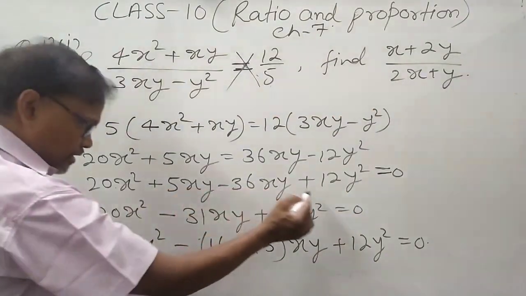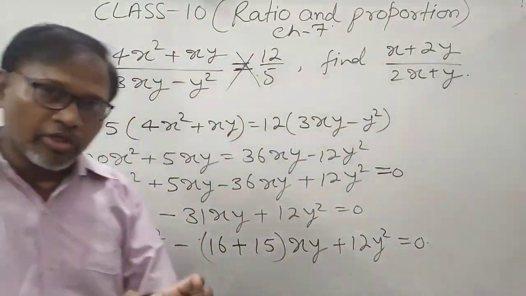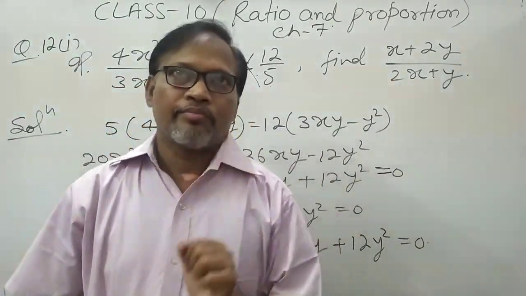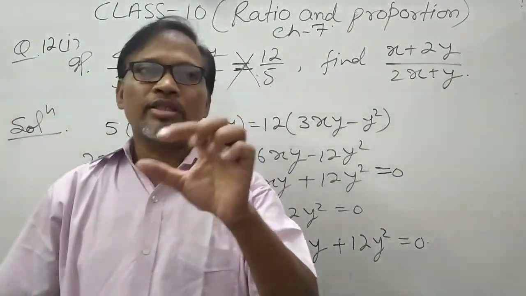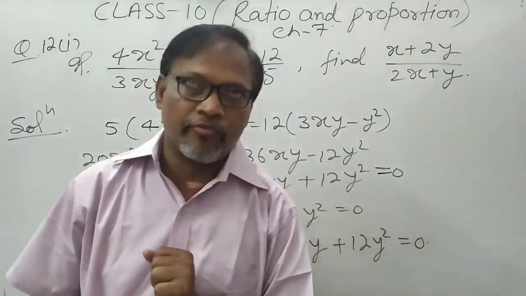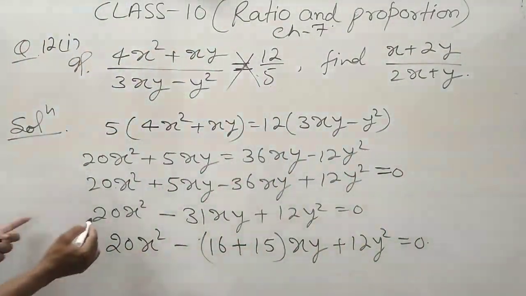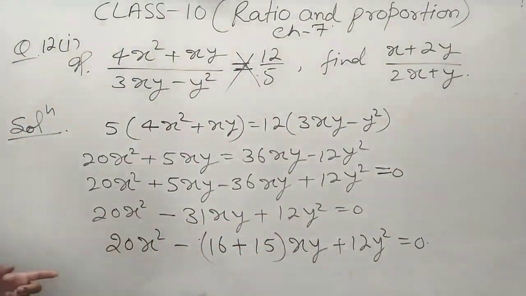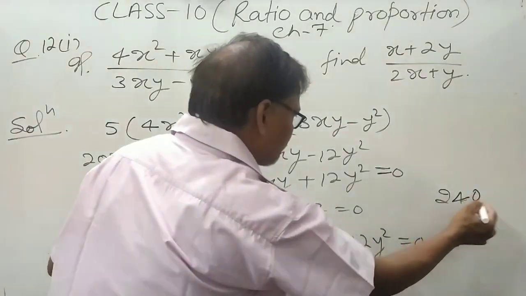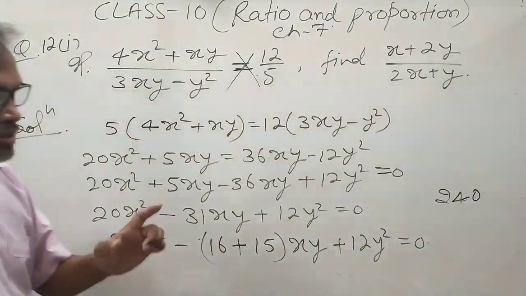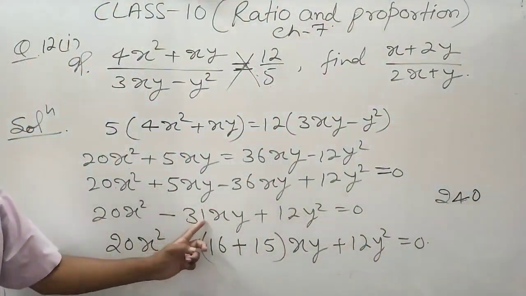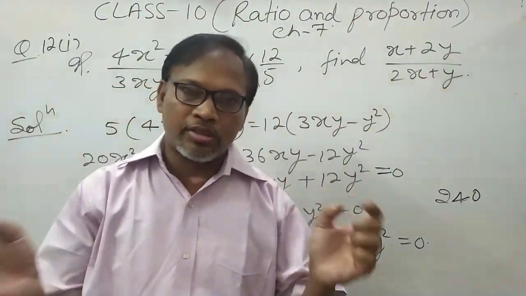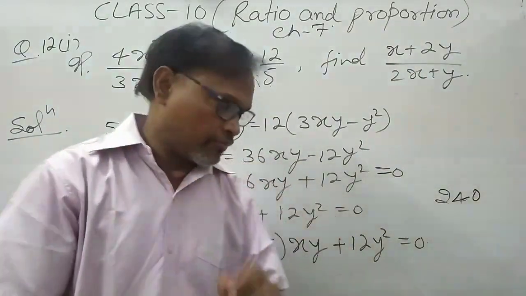Now factorize it by the simple factorization which you have read in class 9, factorization chapter, and also in class 10, chapter 5. Multiply 12 into 20, that is 240, and take the factors of 240 whose sum is 31. So 16 and 15: the product of 16 and 15 is 240 and the sum is 31.